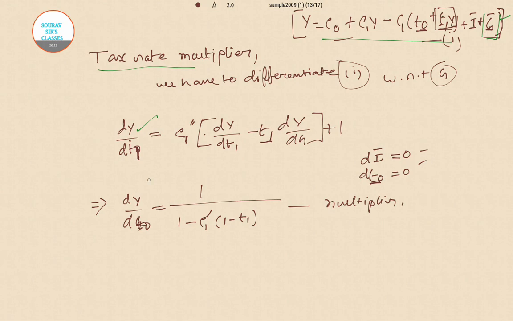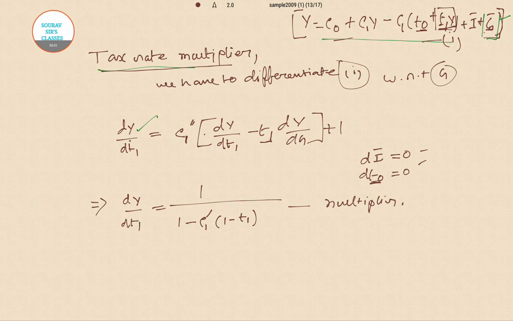And now from here we can simply find the value of dy by dT1, the tax rate multiplier.